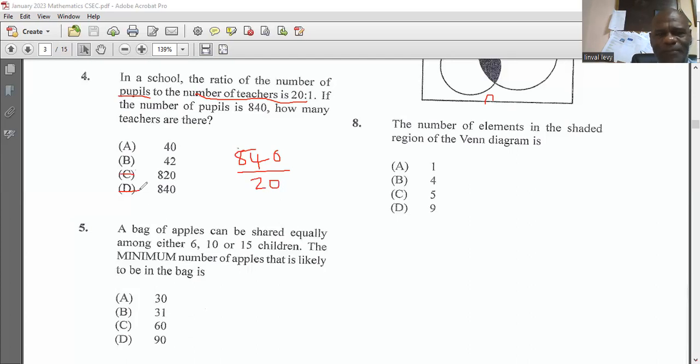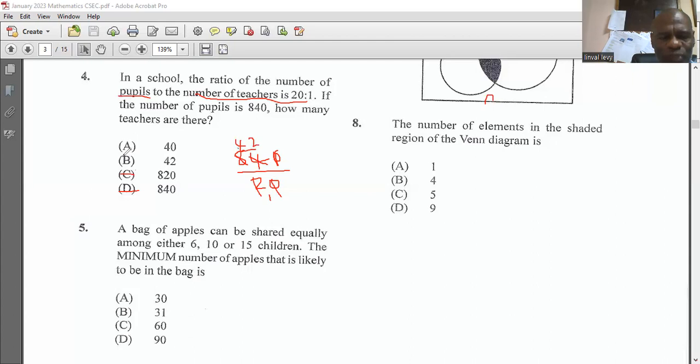Because it's 20 students to 1 teacher, right? So let's do the calculation. So we cancel our zeros, and then we say 2 into 2 is 1, 2 into 8 is 4, right? And 2 into 4 is 2.